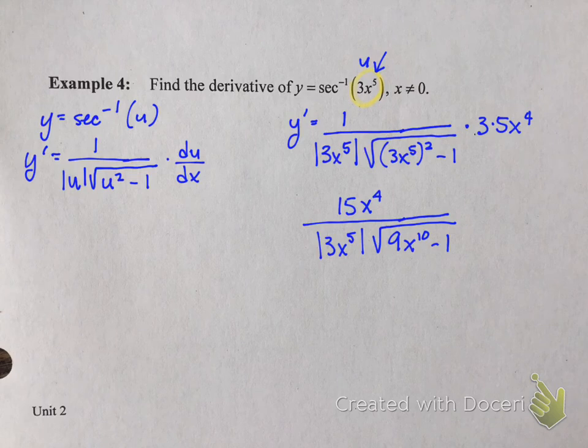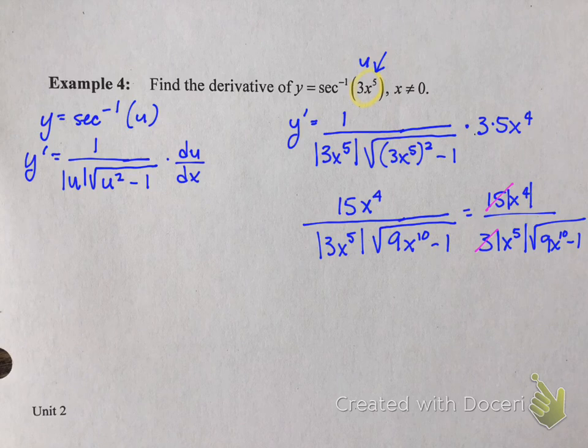Okay, the only thing you can do is take the 3 out of the absolute value sign. If you do that, that allows you to simplify down a little bit more. So I'm taking the 3 outside of the absolute value. When I do that, I can simplify this down. And you can also put x to the fourth inside absolute value because that's always positive, because it's an even power.